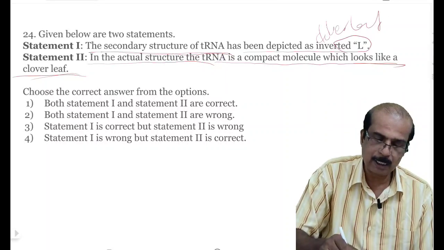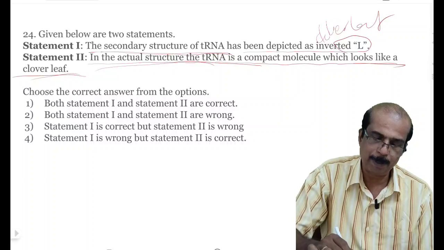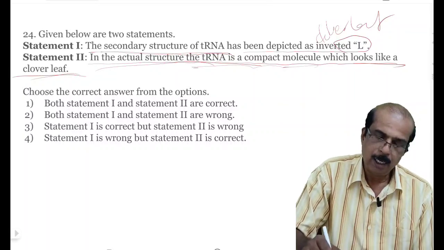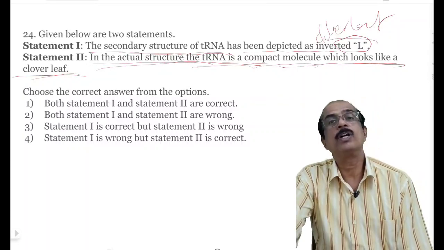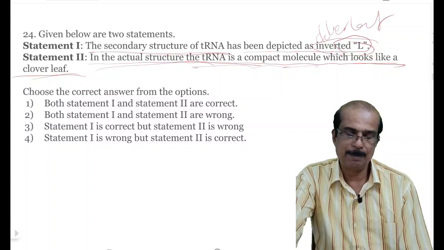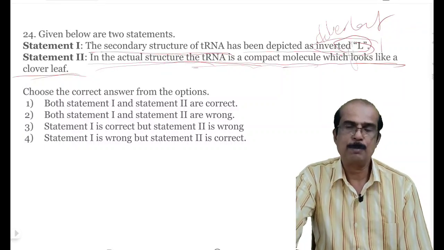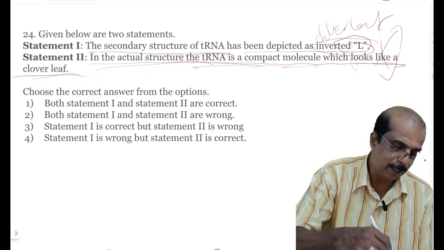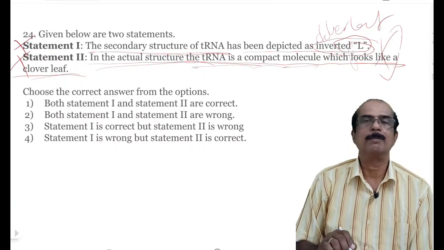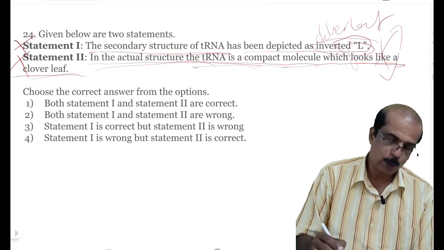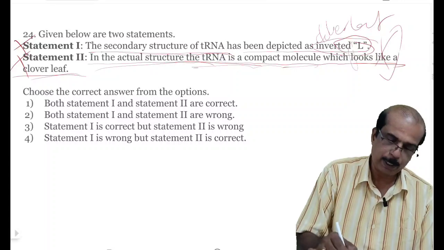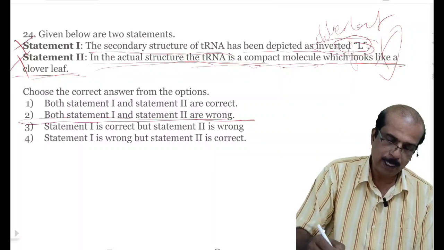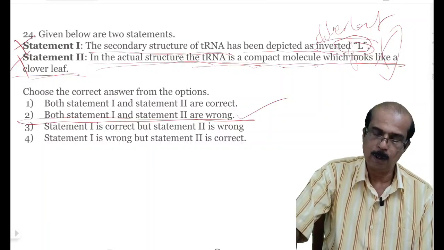The actual structure or 3D structure is a compact molecule like inverted L. The description is misplaced. So due to this misplacement, both statement 1 and 2 become wrong. So our answer is option 2. Both statement 1 and statement 2 are wrong.